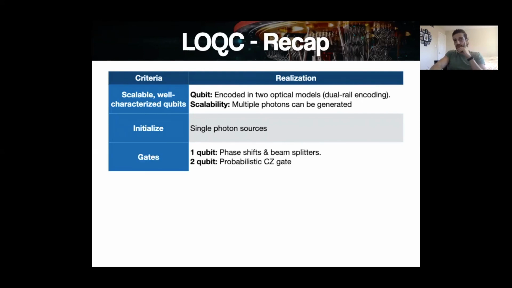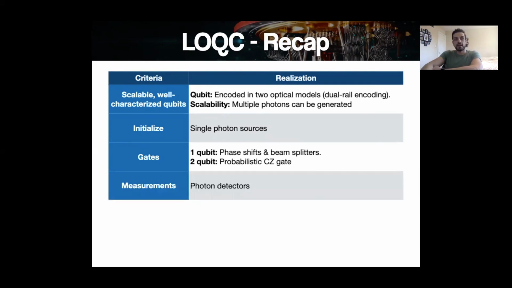Gates: we saw that the single qubit gates happen with phase shifts and beam splitters. Our 2-qubit gate is a probabilistic controlled Z gate that we shift to put the probability at the beginning. Plus, we do other things, which I didn't go into, to deal with potential errors that could come up later on. Measurement: we talked about photon detectors.